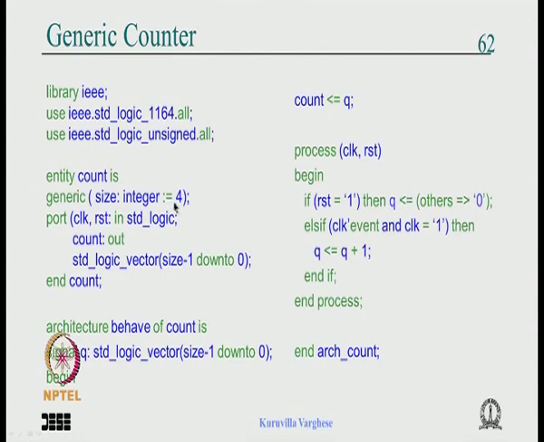This is not the fixed value. Suppose at the time of instantiation you don't specify any width, then it is taken as a 4-bit counter; that is the meaning of colon equal to 4.